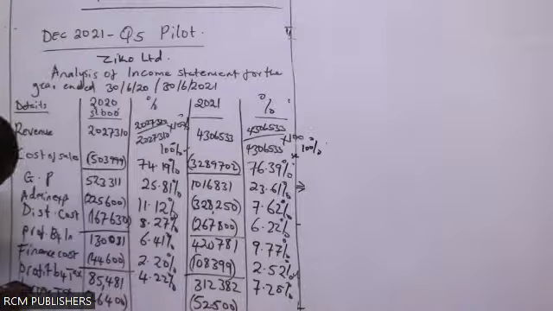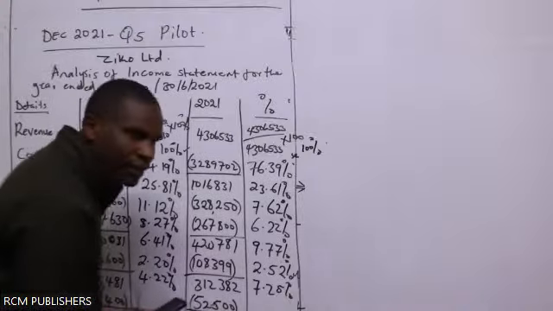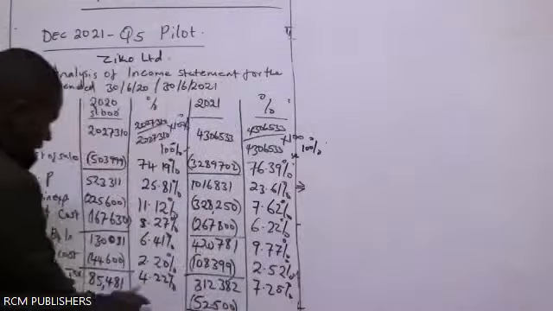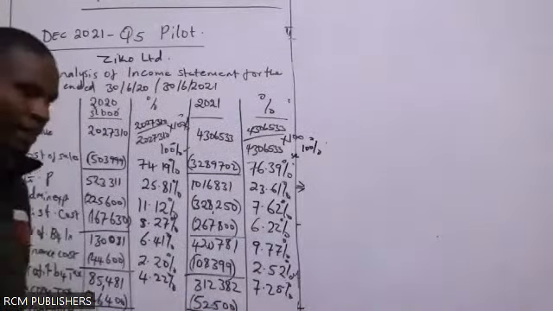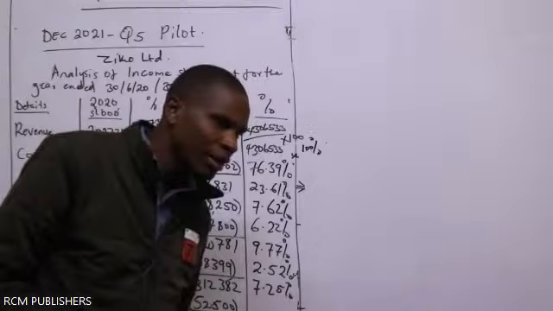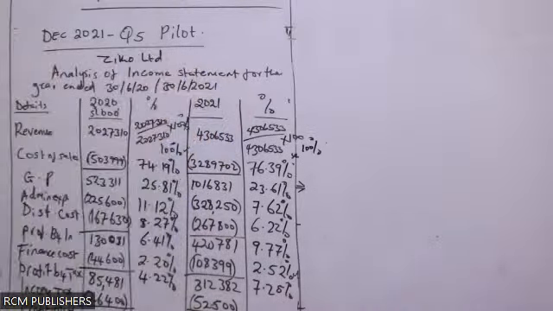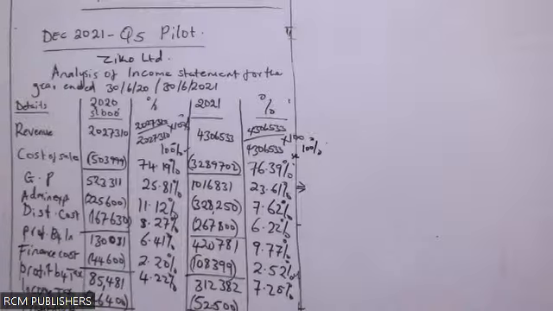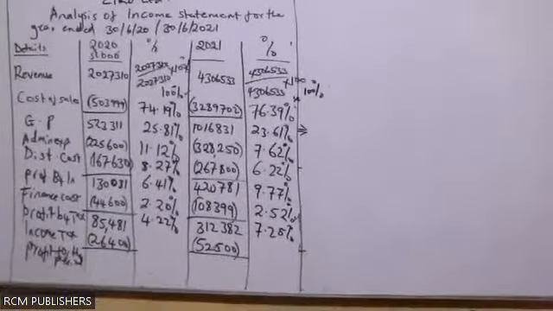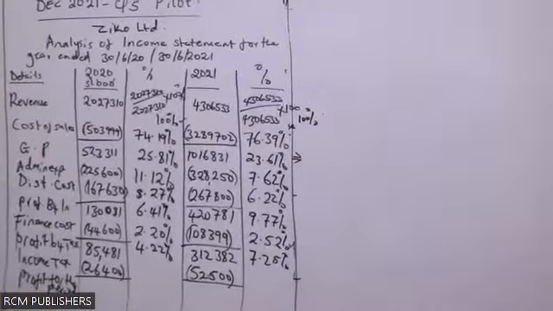Now we get the profit for the period. Profit for the period after you less the tax. Give me the tax percentage. Is it that one? 4.2? What is the tax for that year?